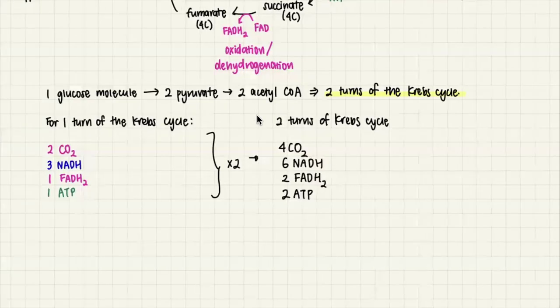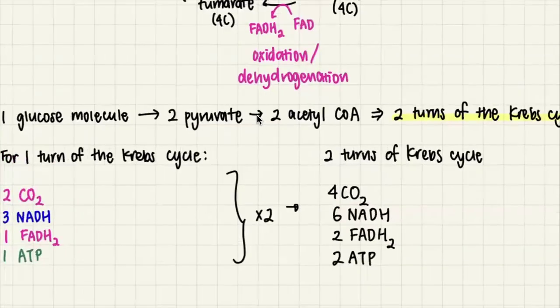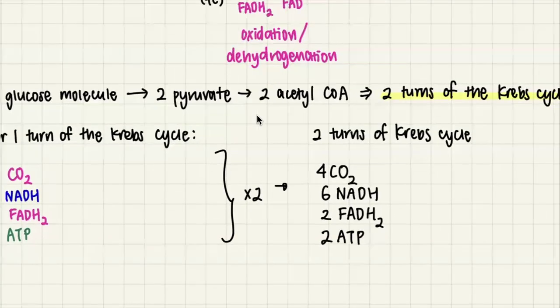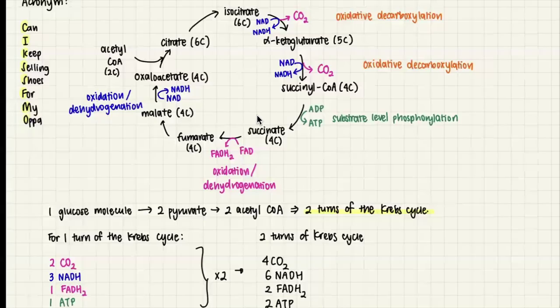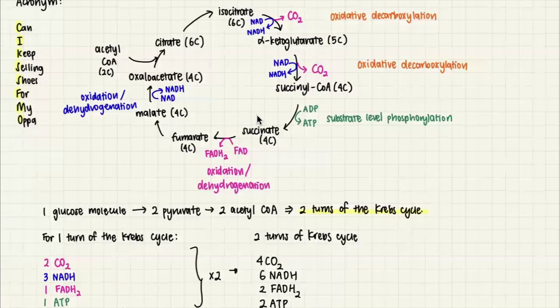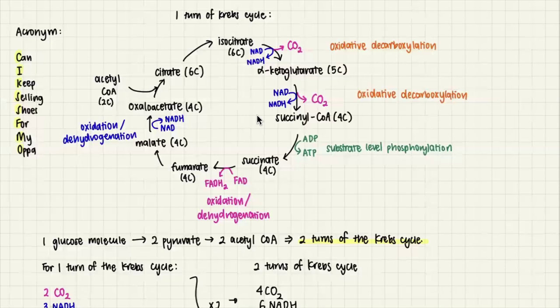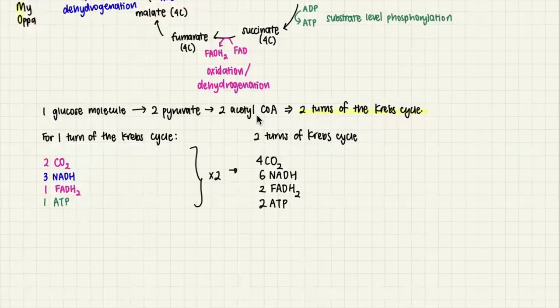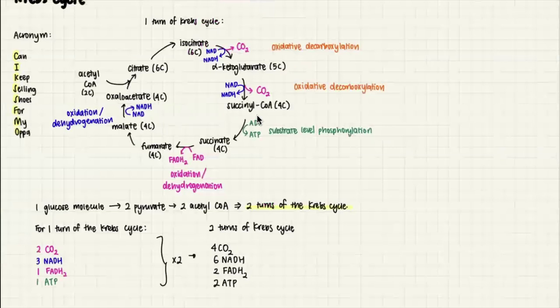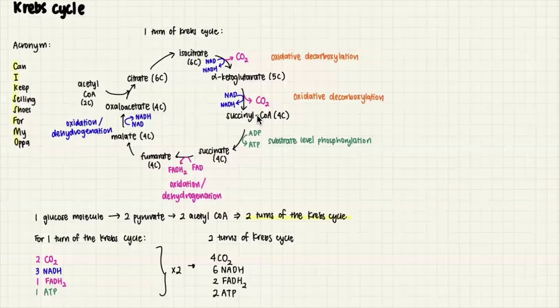The reason we have 2 turns is that one glucose molecule will lyse to form 2 pyruvate molecules during glycolysis. Your 2 pyruvate molecules will form 2 acetyl-CoA molecules, and each acetyl-CoA goes into the Krebs cycle 1 time. So we have 2 turns of the Krebs cycle. This is our tally for the Krebs cycle, and we're done with the Krebs cycle.